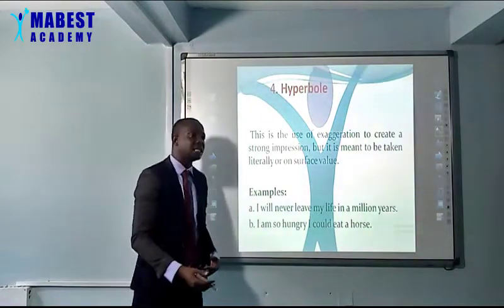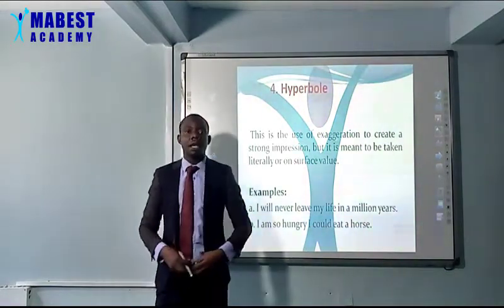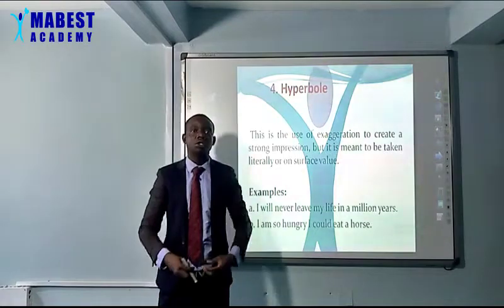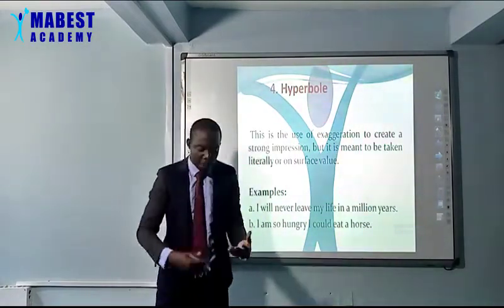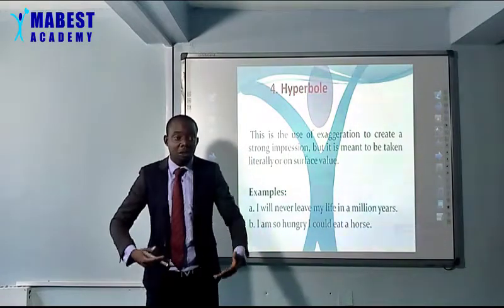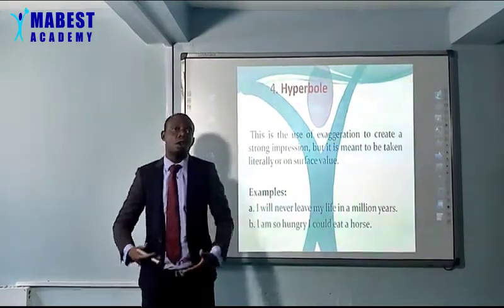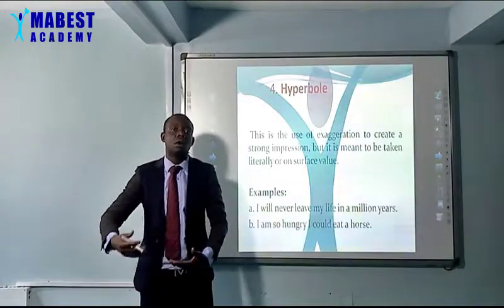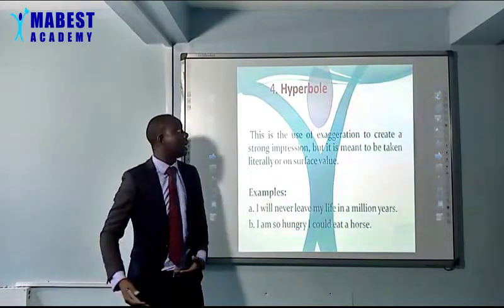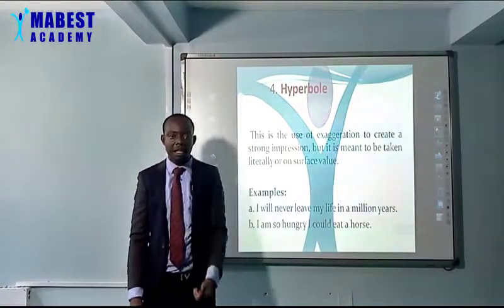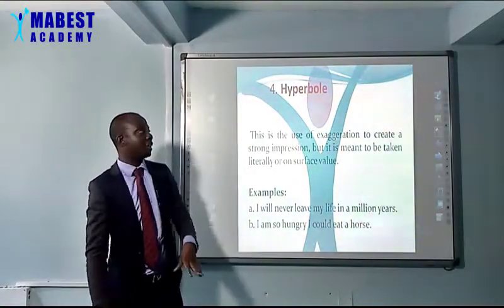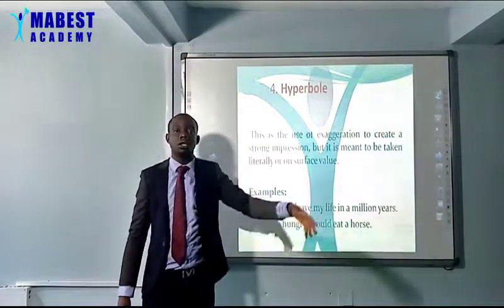So what you are saying in essence is that there were so many people there, but you are using figures of speech. This is called hyperbole. That's why it's also called overstatement, and the opposite is litotes.